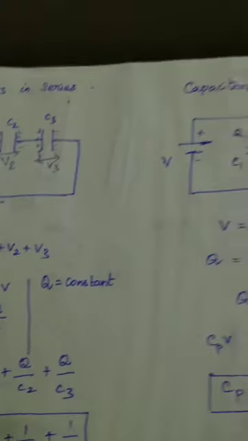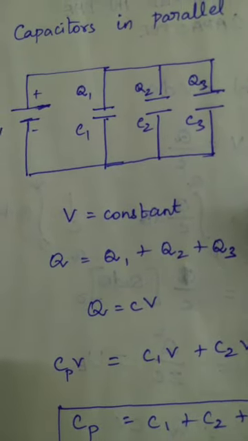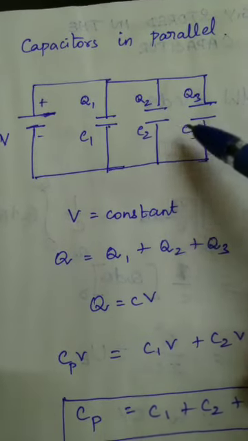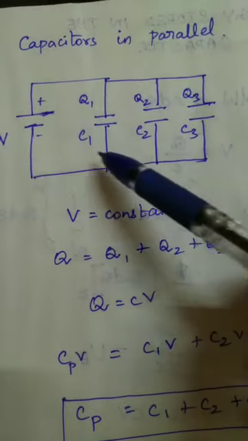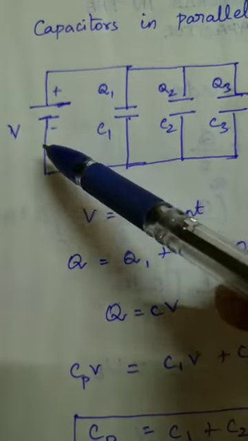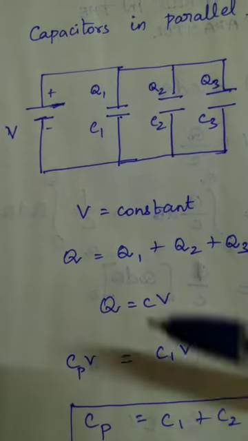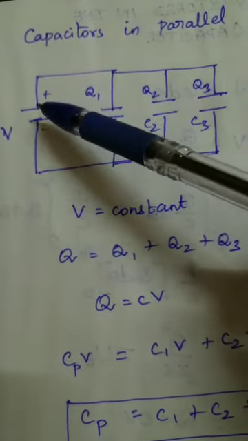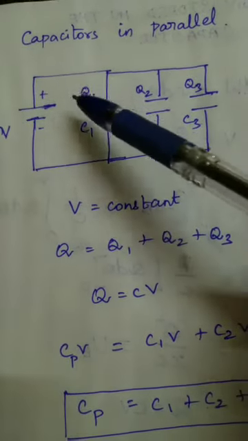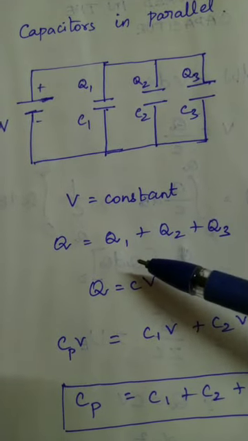The next one: what happens when the capacitors are connected in parallel? Consider three capacitors C1, C2 and C3 connected in parallel to a battery with potential difference V. Here the potential remains constant and the charge varies for each of the capacitors.